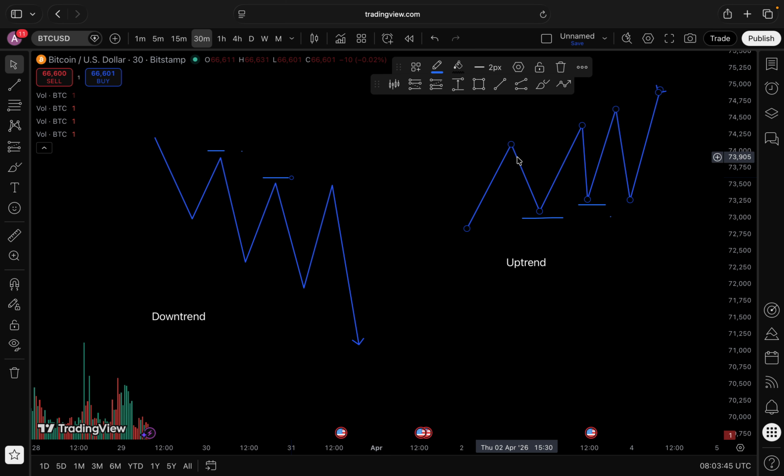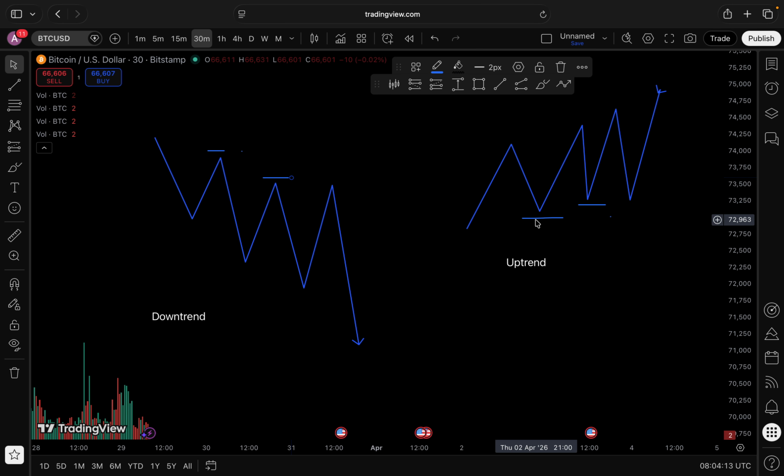The reason why you don't want your entries to be at a higher high or a lower low is because that means your stop loss has to be lower than the previous zone. So when you're buying, you get a higher high, higher low, higher high, higher low. When you enter at a higher low, your stops are always going to be below that previous higher low.